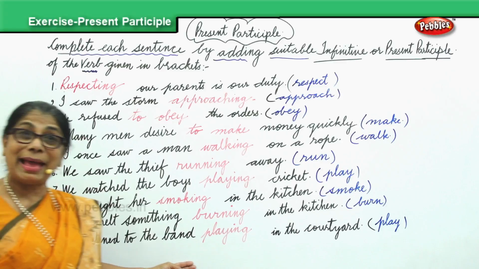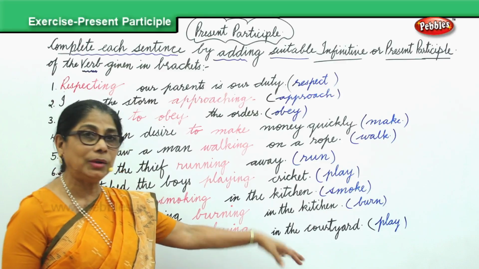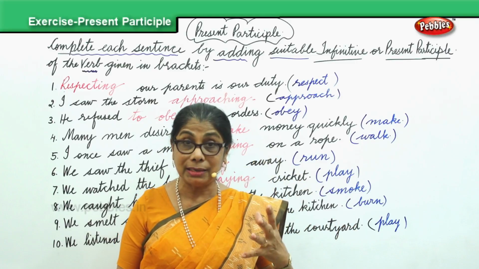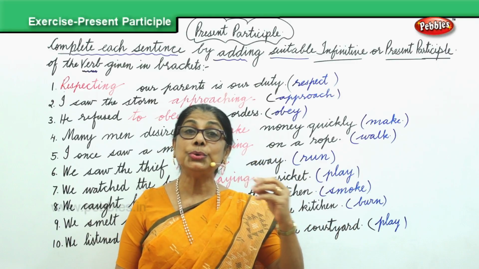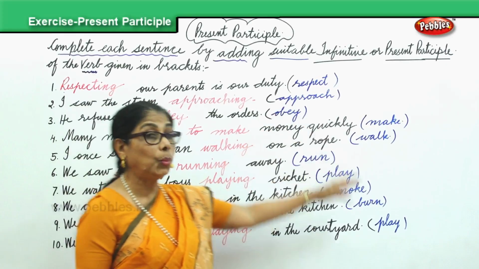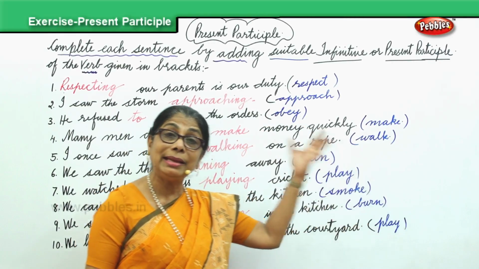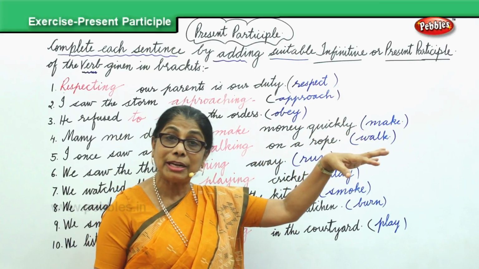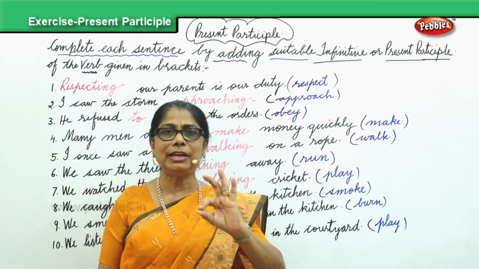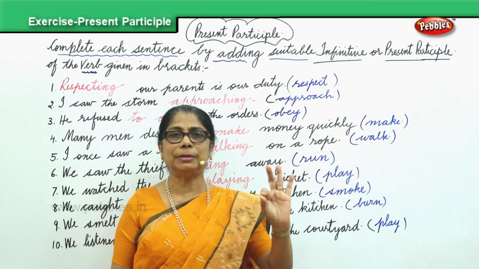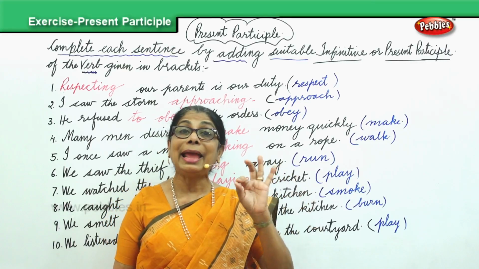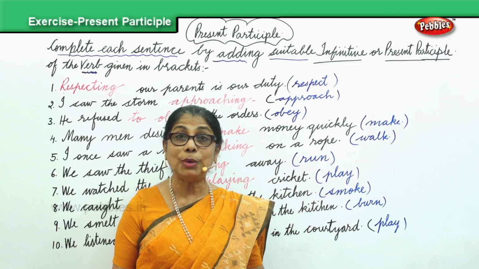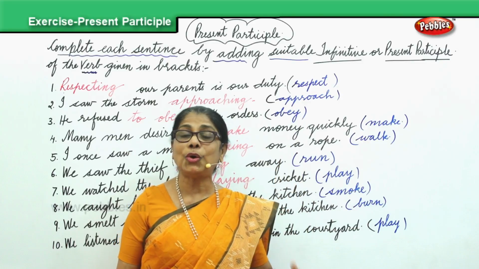Finally, we listened to the band playing in the courtyard. Present participle. So in this exercise, we learned to take the verb from the bracket, put it in correctly, and find whether it is an infinitive or present participle. Infinitive, you add to the verb. Present participle ends in ing. It's very simple. If you want, we'll do more exercises for our practice.